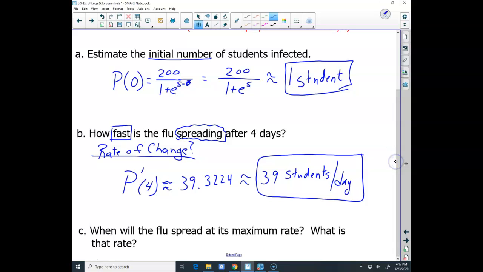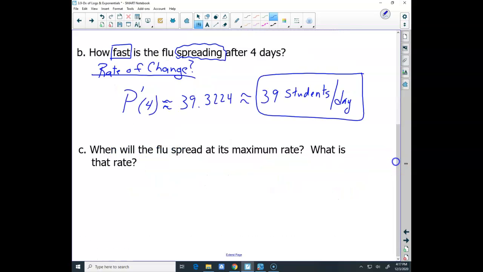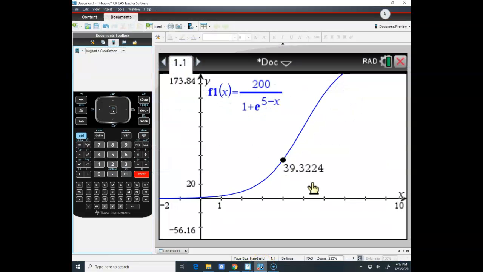And when will this flu spread at its maximum rate? What is that rate? Well, let's take a look at our graph, okay? Let's pull that back up here. When is it spreading at its greatest rate?